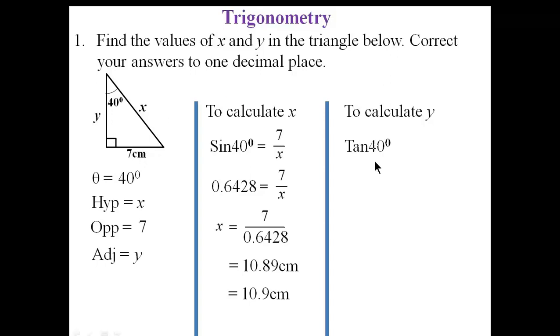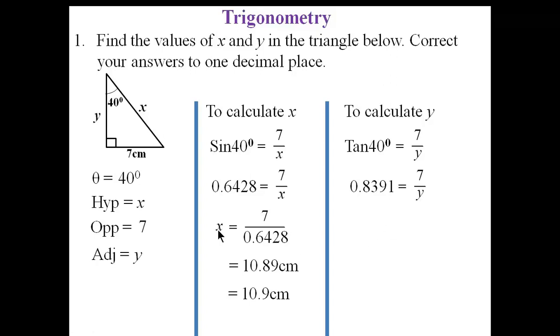So tan 40 degrees is equal to opposite 7 over adjacent, 7 over y. So again, we find the value of tan 40 degrees. Tan 40 degrees gives 0.8391. This is equal to 7 over y.